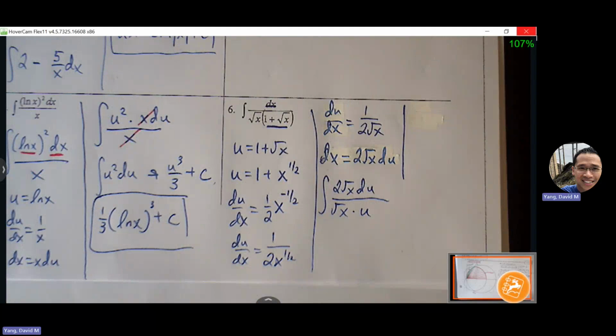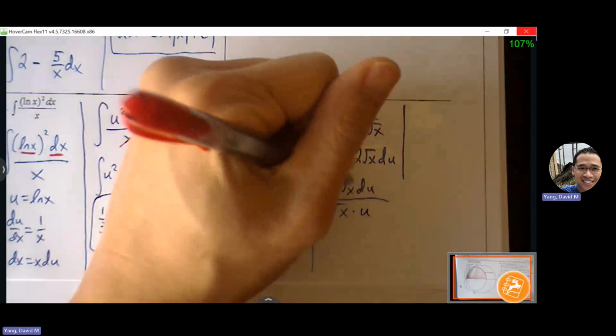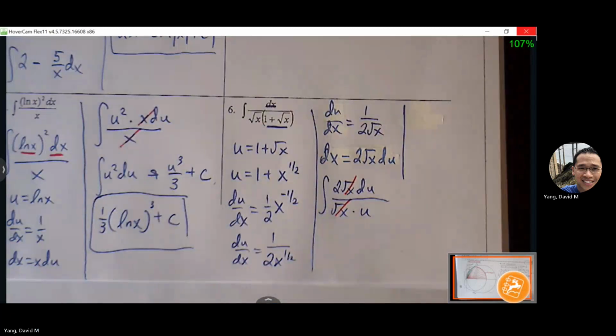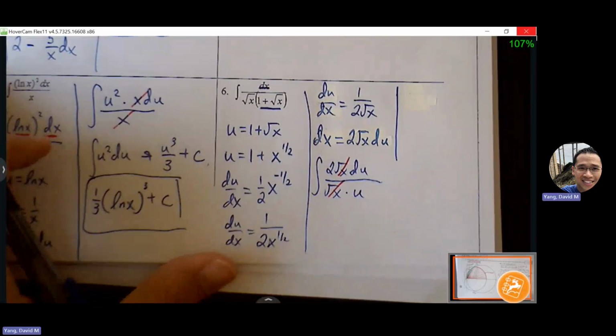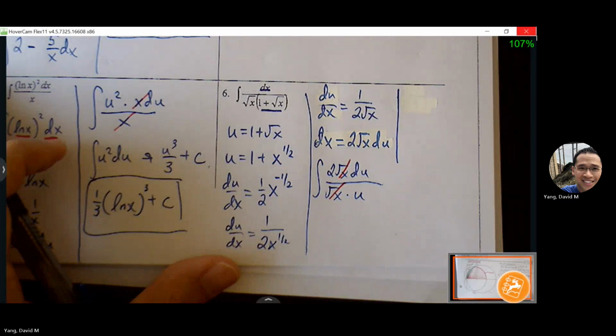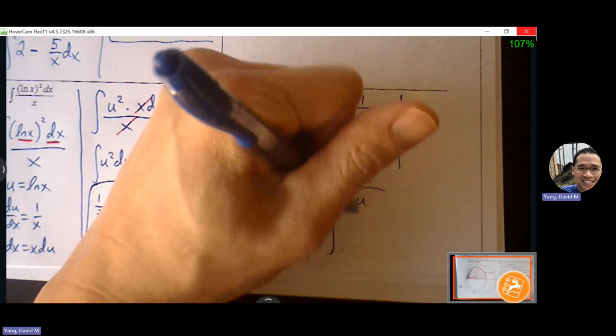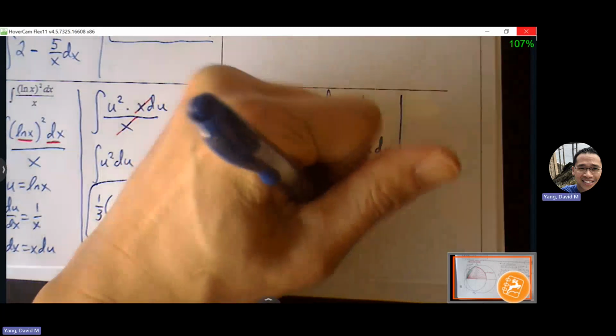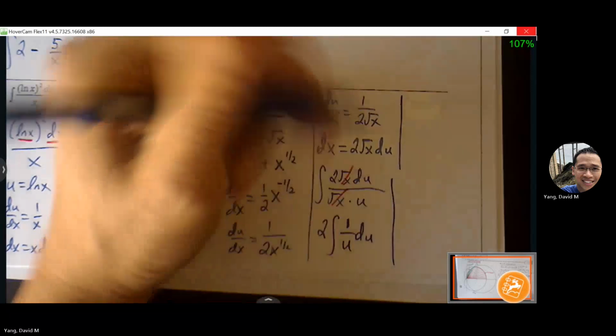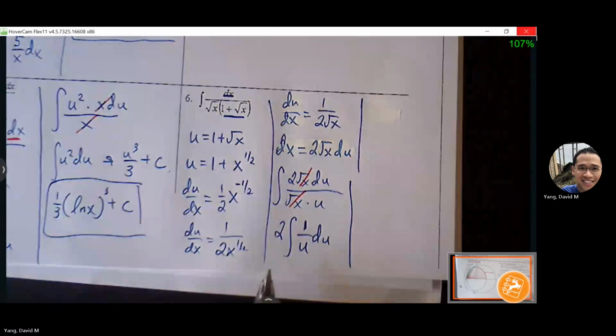All right, do the x's go away? Yes. Right. Okay, what can we push out in front? 2. So we're left with du over u, or you can write it as 1 over u du. Okay, what rule do we use for this?